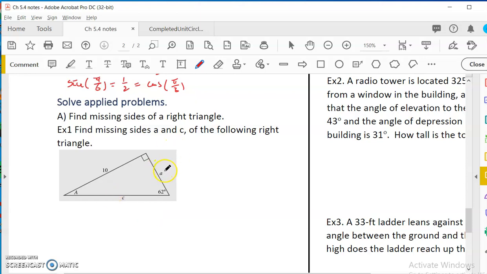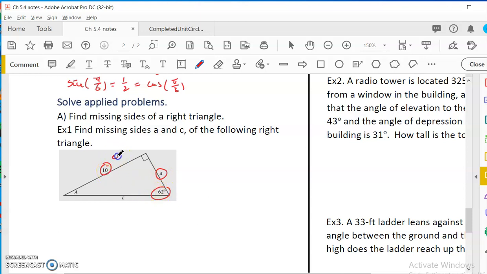But remember, do not use the rounded or approximate number to solve for another side unless that's the only way. So if I want to solve for A first, the only ones I can use are 10 and 62. I have one side missing, and one known angle. So how are these two sides related to the angle?